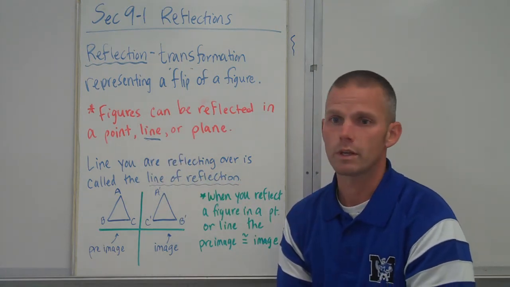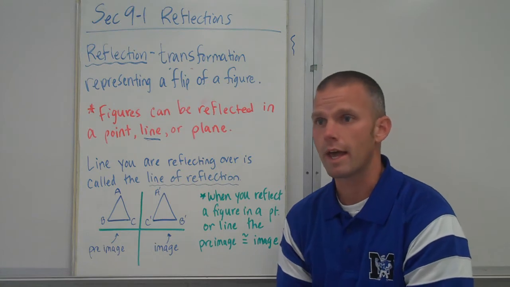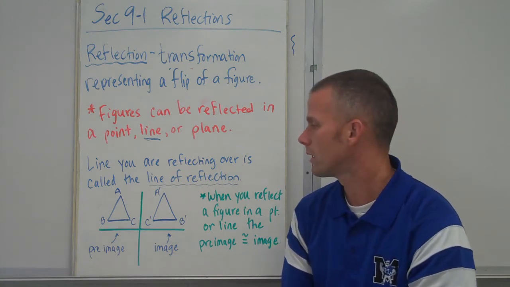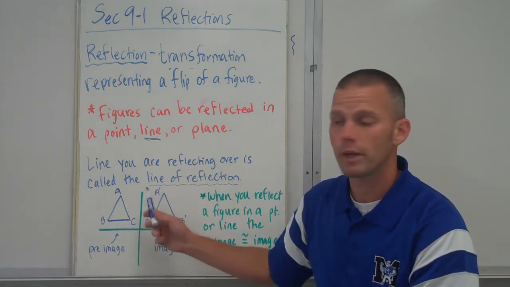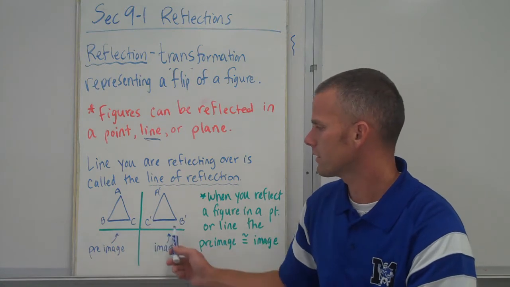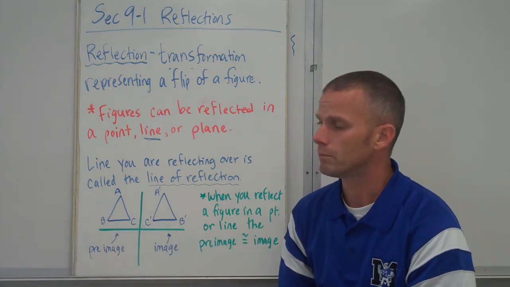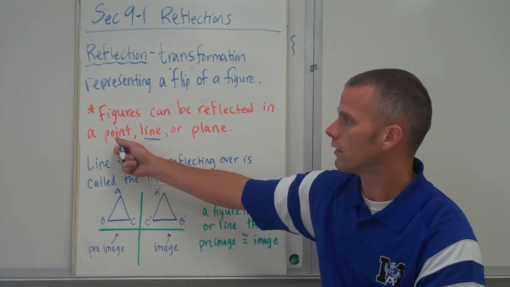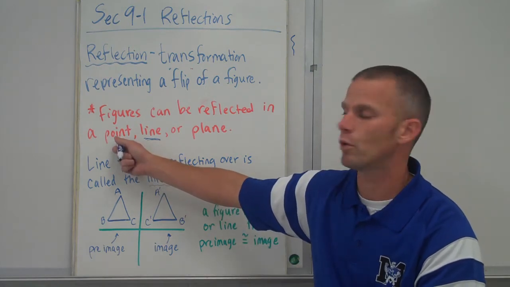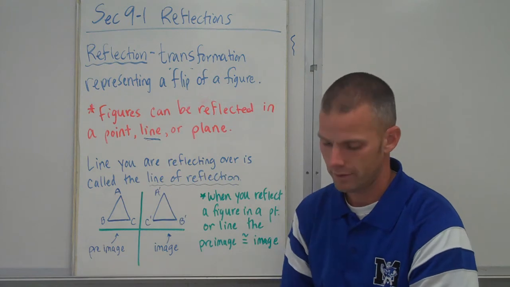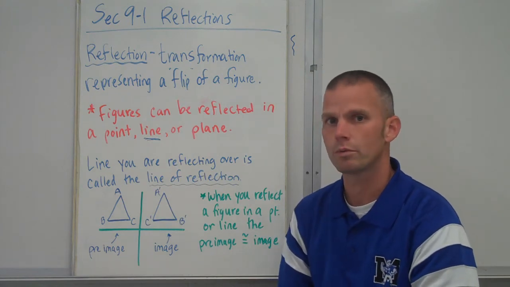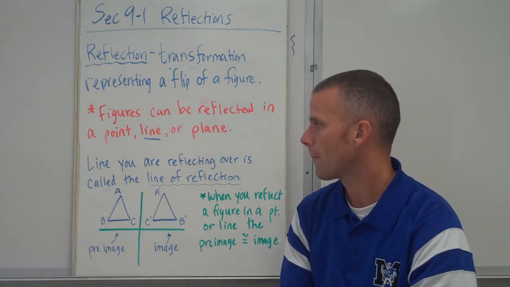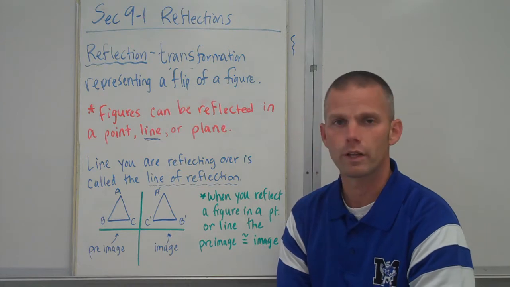So it could be a line like y equals x, which is the diagonal line, could be the y-axis of the coordinate plane, could be the x-axis of the coordinate plane. It all depends, but for the most part, we'll flip over a line. A point that we might flip over as well is the origin. Very easy to use, simple, centrally located in the coordinate plane, so we'll probably do that a little bit as well.